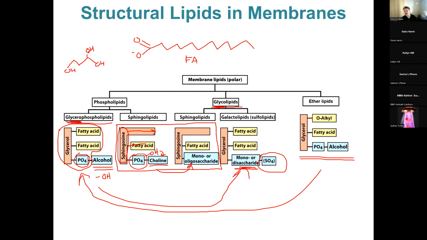And then the ether lipids are something that's kind of on their own, but they're similar to the glycerophospholipids. It's just that one of the fatty acids, rather than having an ester linkage, has an ether linkage. So this is an ester, this is an ether.